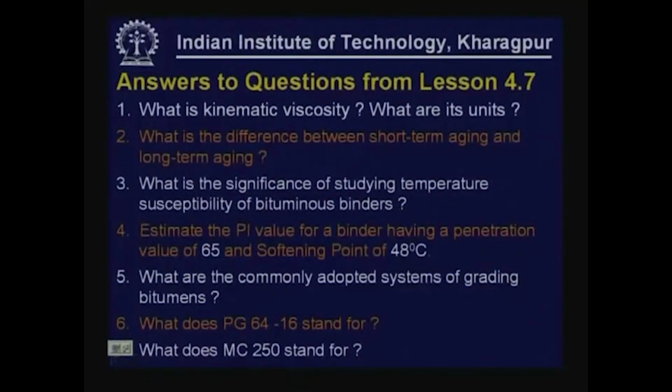Next question is, estimate the penetration index value for a binder having a penetration value of 65 and a softening point value of 48 degrees. We already have the expression given in the previous class.